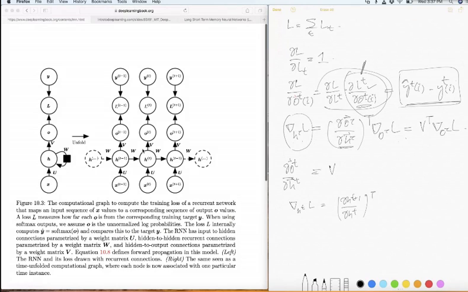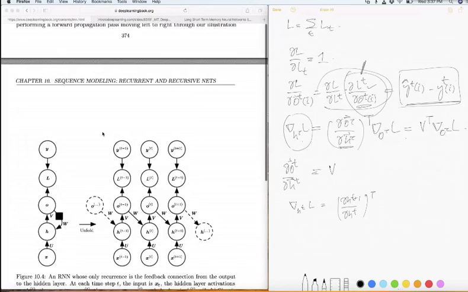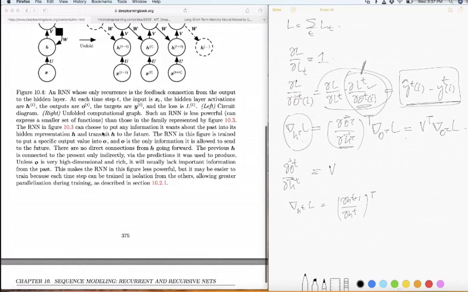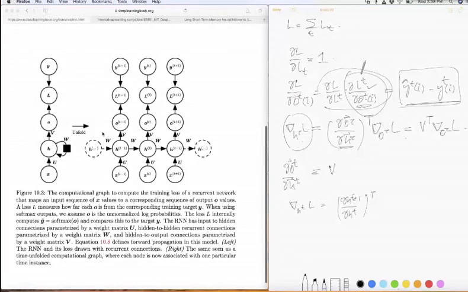Once these are trained, in the testing step, I hope there is a figure on testing somewhere. So in the testing step, there will be no top two nodes. It's only going to be inputs and the outputs, right? These top two tiers, Y's and L's, they are only for training, because during training we are evaluating loss and trying to minimize it.